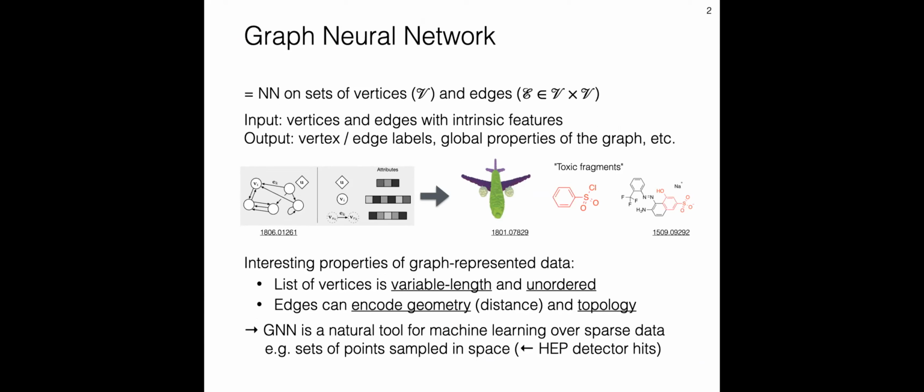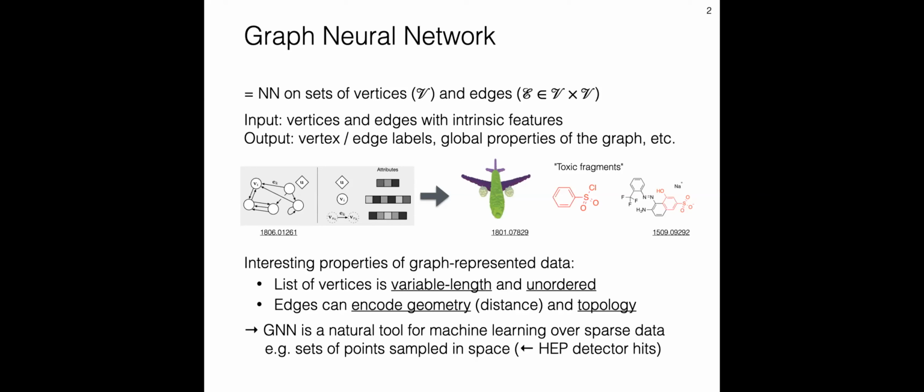Input to the GNN would be the vertices and edges with intrinsic features, and out comes vertex or edge labels, or global properties of the graph, or just properties of the various vertices as well. So the cartoon in the middle illustrates what I just said. You have vertices and edges, and U would be the global property, the attribute of the graph, and each of these typically has features as feature vectors.